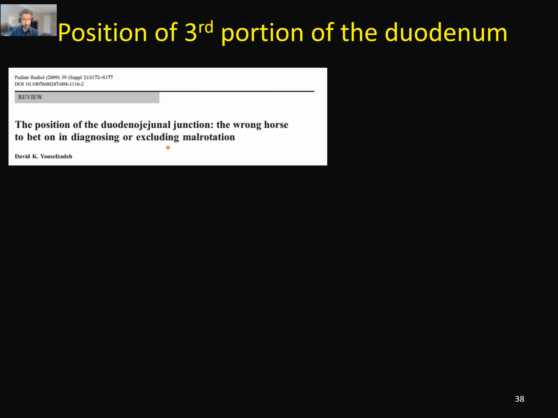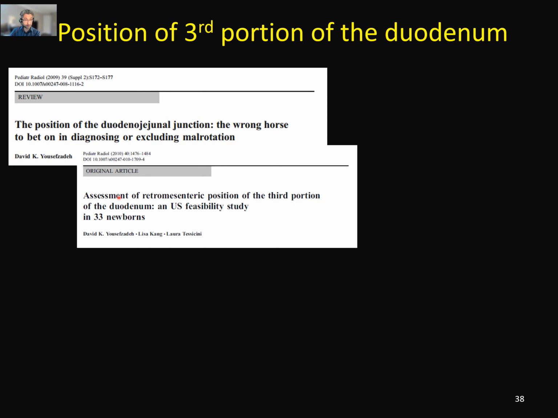Initially, in 2009 in Pediatric Radiology, it was suggested that it's very, very accurate. 100% is the number, and they questioned, are we actually betting on the wrong horse by checking the SMA and SMV position? We should bet on the retroperitoneal position of the duodenum. And the numbers were really high.